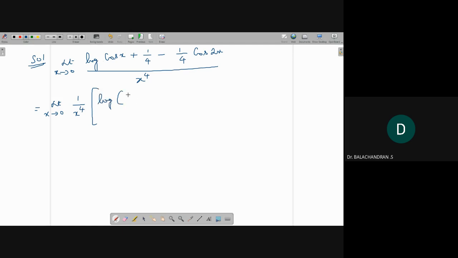Cos x is 1 minus x square by 2 factorial plus x power 4 by 4 factorial and so on.